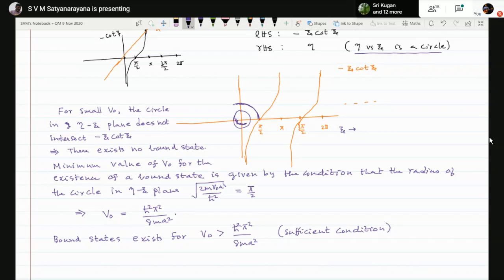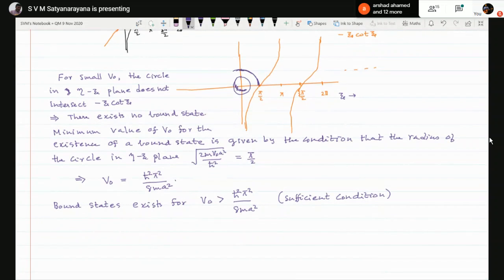So what I'm trying to say at this point is that suppose you have a potential well like this, and V naught is small here.